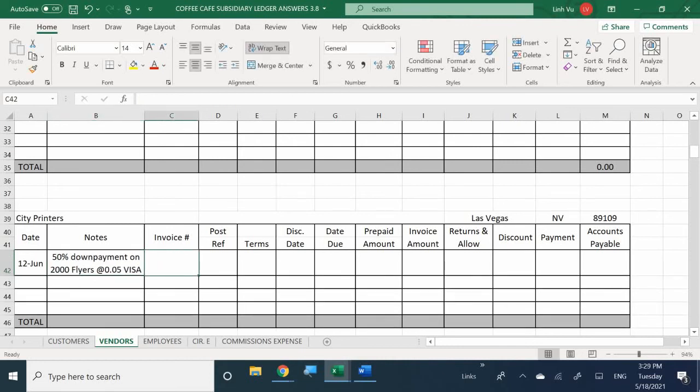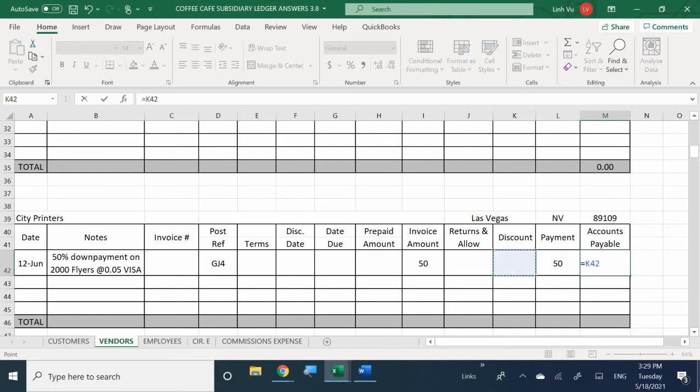Invoice, we haven't received the bill yet, so we could skip that. But one thing that we do know is that we had to make a 50% down payment. So in this case, my invoice amount was 50 and my payment was 50, because I paid with my Visa credit card.